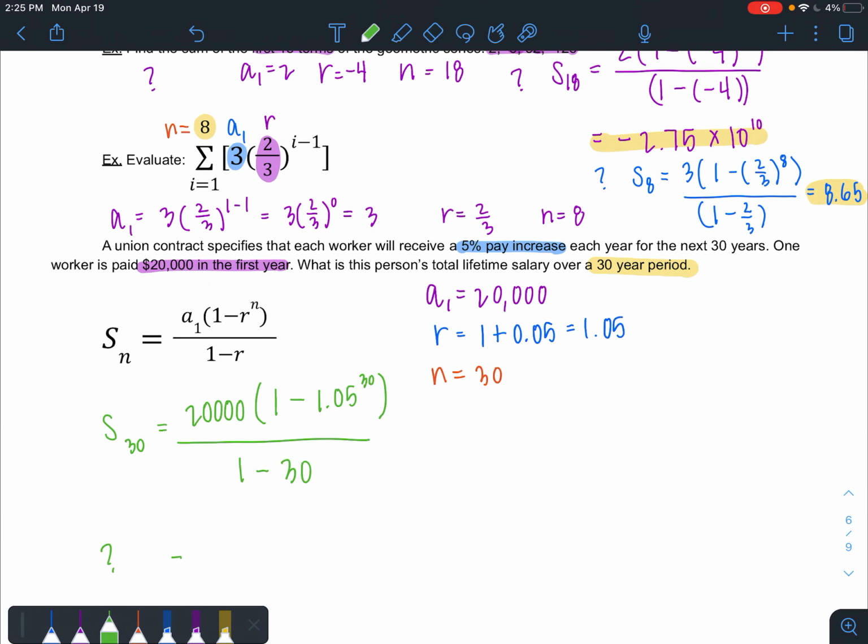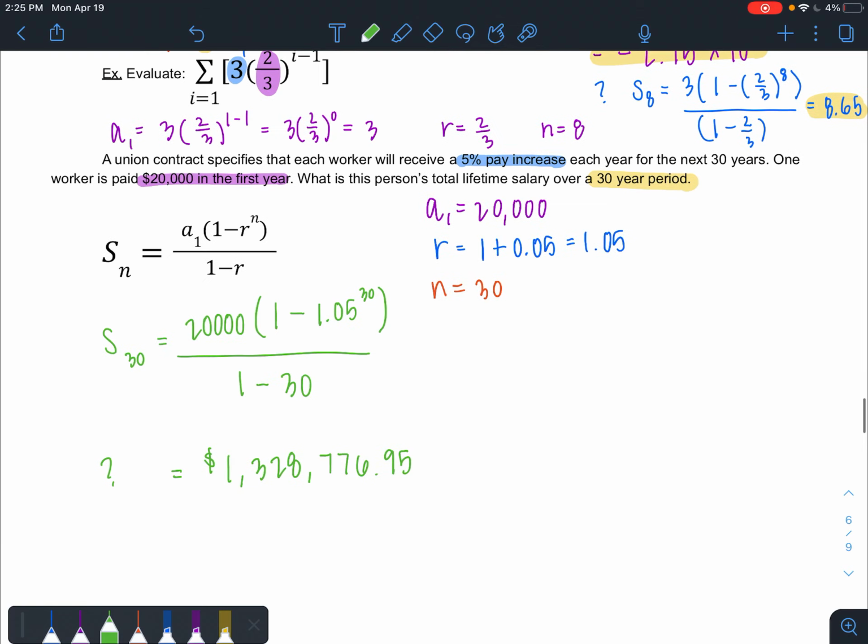So go ahead and plug that into your calculator. What you end up with is $1,328,776.95. So this is in total and before taxes.